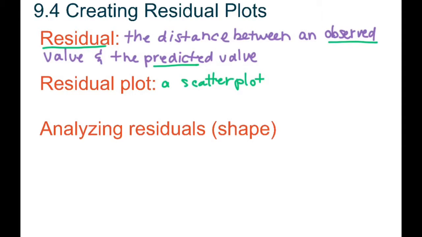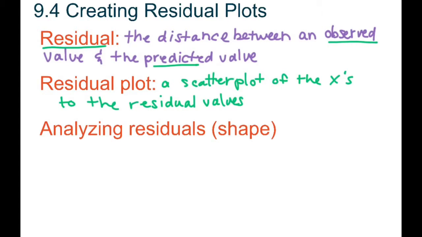A scatter plot of the independent variable, so that's whatever was already on the graph, the x's, I'm just going to put the x's, to the residual values. So that's what goes on the y-axis. So it kind of looks interesting.